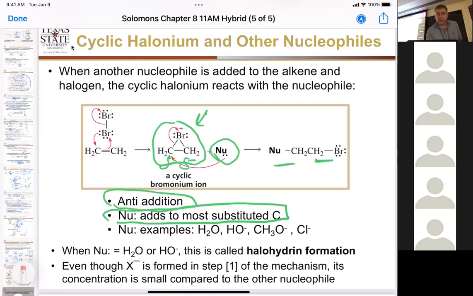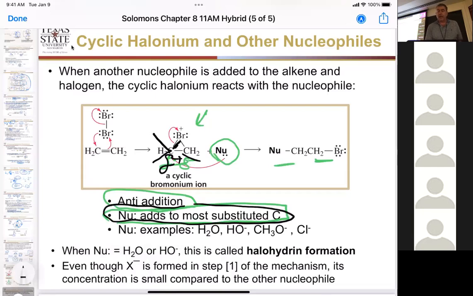Now, if they're different, if this one has carbons on it, like this one had a couple carbons on it, there would actually be attack toward here, because this bond that's going to break is polar, with this carbon being more electropositive than this carbon because of donating effects. And therefore, it will attack the most substituted carbon right here. And you can do this with any nucleophile. You can have sodium chloride in there.